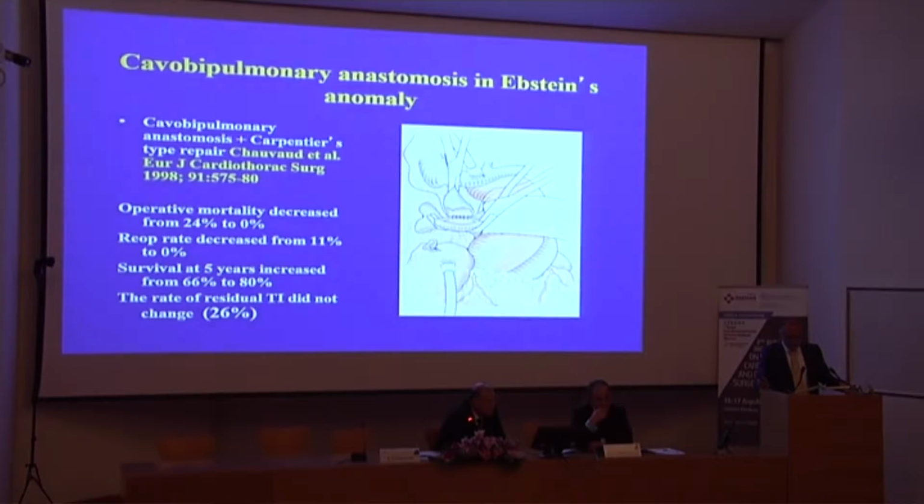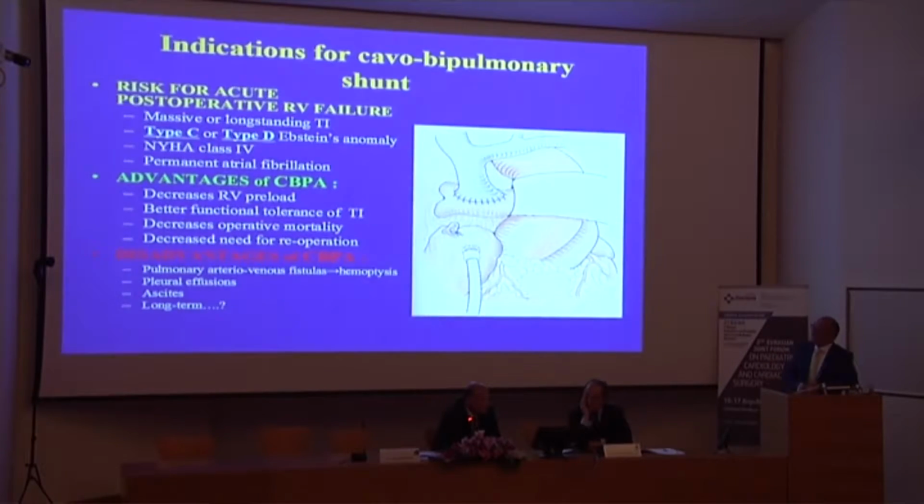The reoperation rate decreased from 11 to 0. And there is an increase of survival at 5 years from 66 to 80%, but unfortunately the rate of residual tricuspid insufficiency did not change, and in 26% of cases there was, at least I would say, moderate degree of tricuspid regurgitation after surgery.